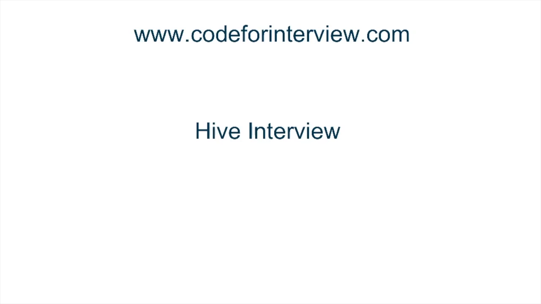For example, in this table that we have been discussing, user info, if the partitioning column we have defined is date, and if it's an internal table, the path would be user Hive warehouse and the database name, which is suffixed with .db, and the table name user info.